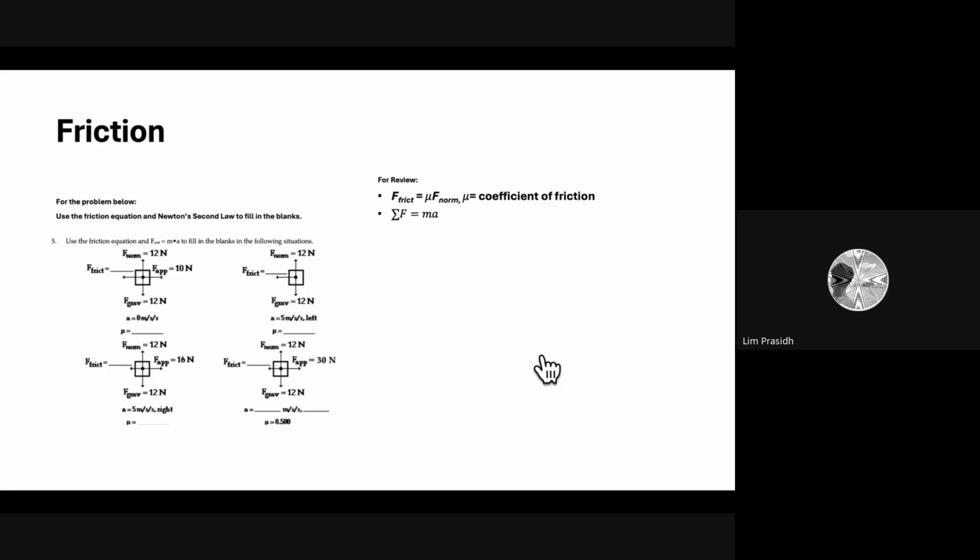I take 12 times 0.51, then I got 6.1. How did you get the 0.51 again? I didn't understand that because I thought it was supposed to be 12 divided by 9.8.